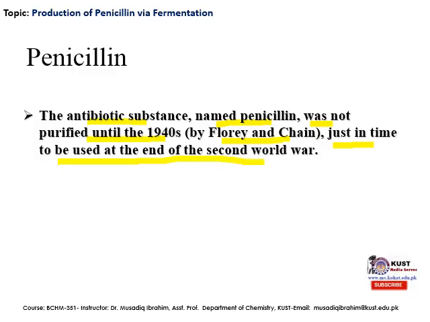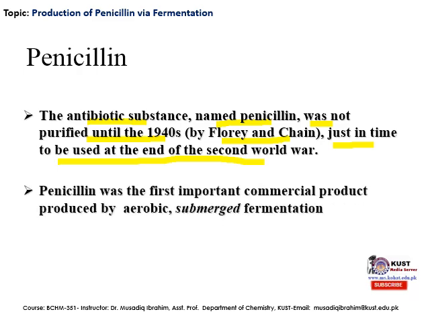It is important to note that during the Second World War there was no antibiotic available to treat the soldiers, but around 1943-1944, penicillin was available, as purified by Florey and Chain, and then it was produced in huge amounts by the process of fermentation, and then purified, and then used on soldiers who were suffering from different types of infections.